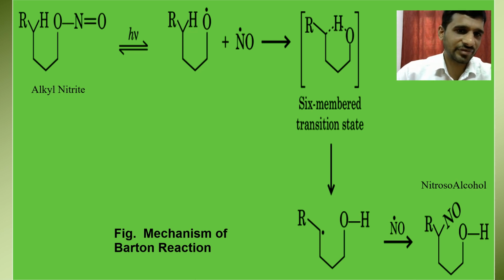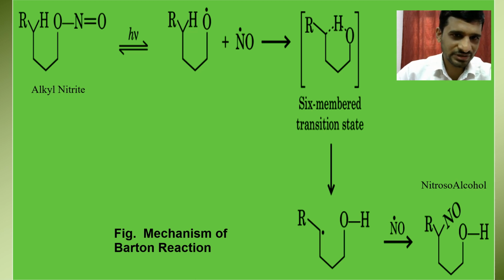This alkyl nitrate, when it is irradiated with light of suitable wavelength, there will be homolytic bond fission of this oxygen nitrogen bond. On cleavage it will give us two free radicals. One free radical is nitric oxide, another free radical is alkoxy free radical.